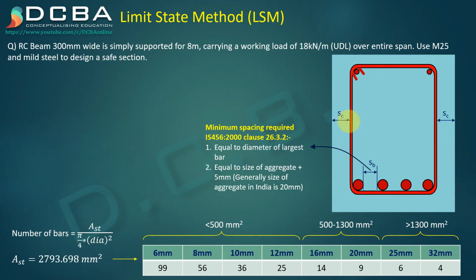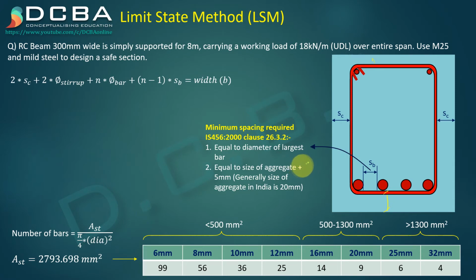Let us say that this is the side cover, just as the cover is here, down and up. Same way we have side covers also, and side covers we will keep as 30 mm, what we had used previously, the nominal cover 30 mm.